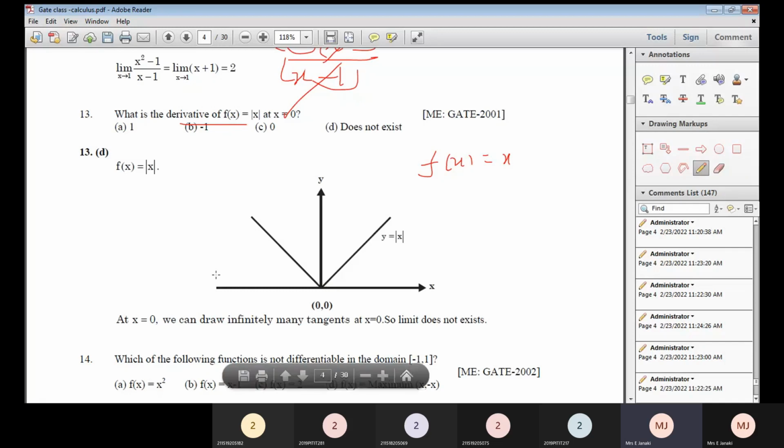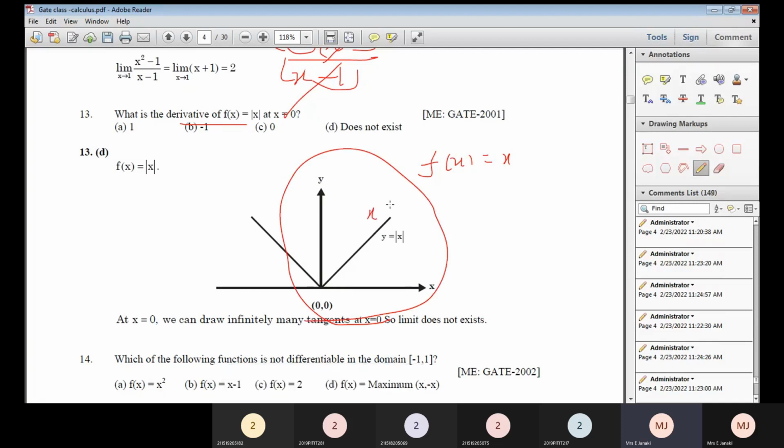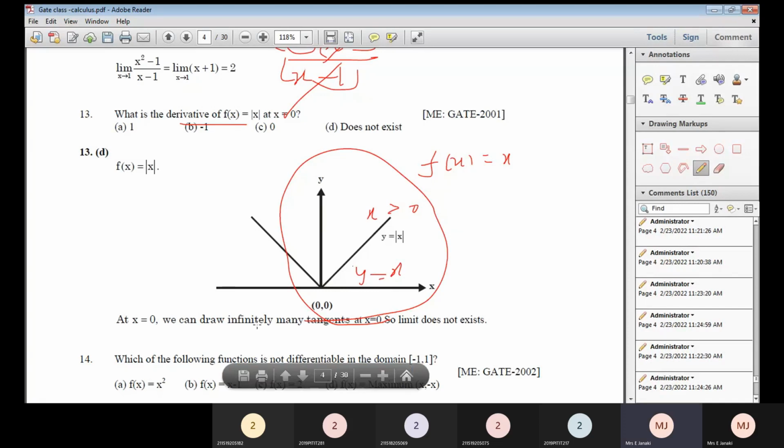This is the graph for y is equal to modulus of x. Whenever x is greater than or equal to 0, y equal to x, which means a straight line passing through the origin in the first quadrant. And this other line denotes y is equal to minus x.